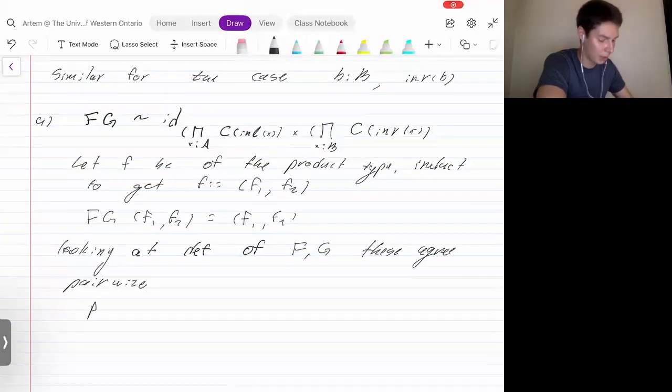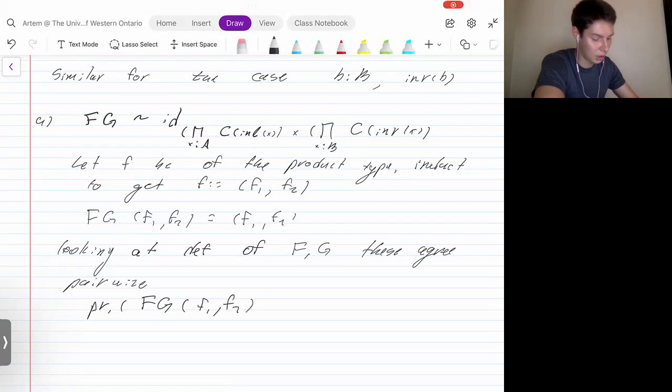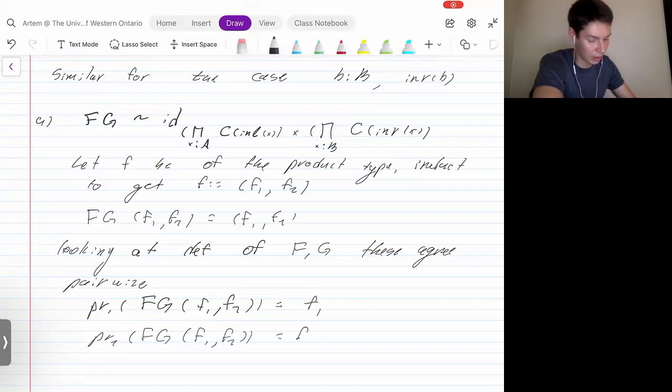So what I mean is the first projection of FG at F1, F2 is going to be the same as F1, and the second projection of FG at F1, F2 is going to be the same as F2, using, again, functional extensionality.